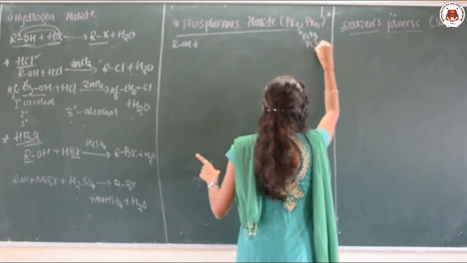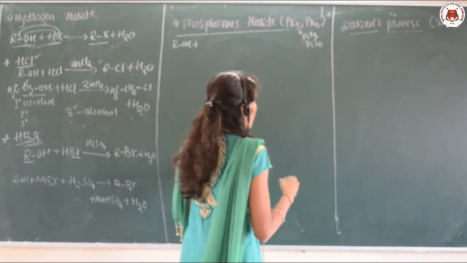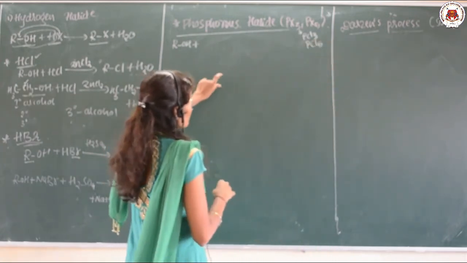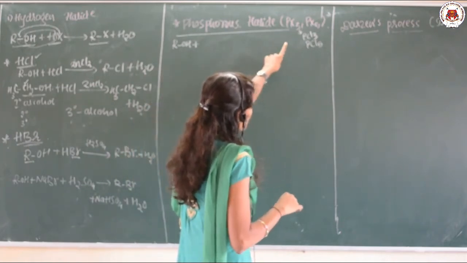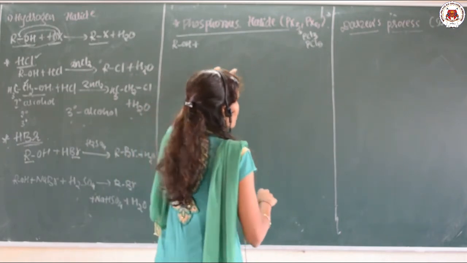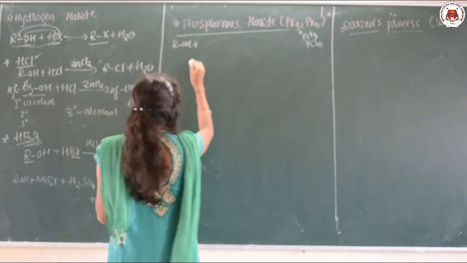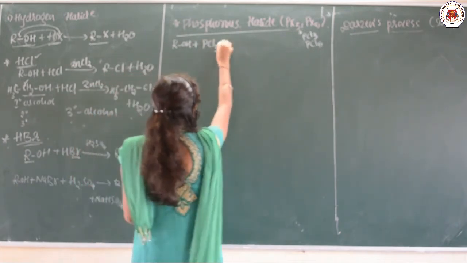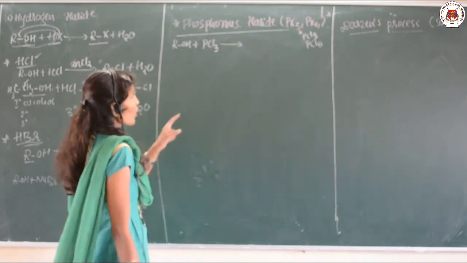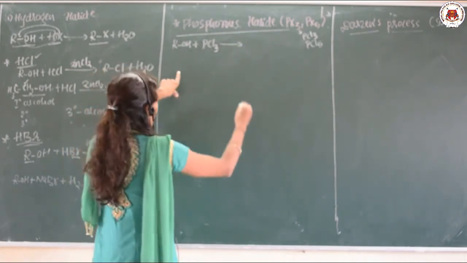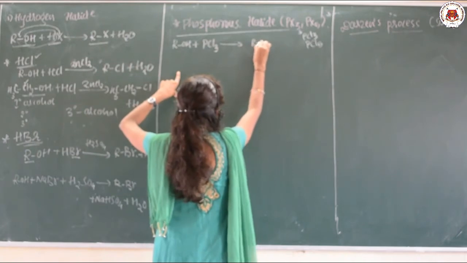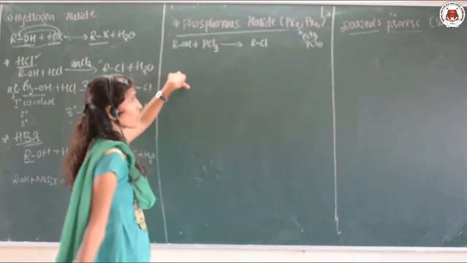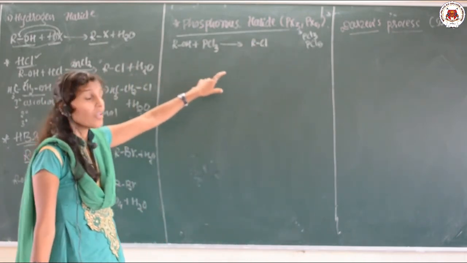It may be PCl3 or it may be PCl5, where X is nothing but chlorine here. So, let me write the reaction with PCl3. What I want to prepare here is an RCl type of compound.